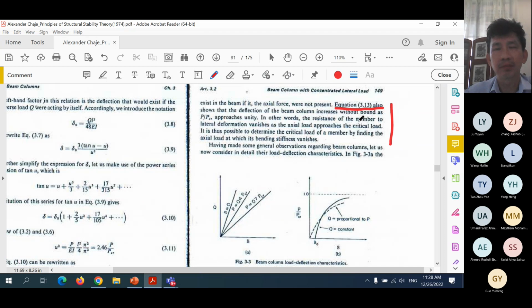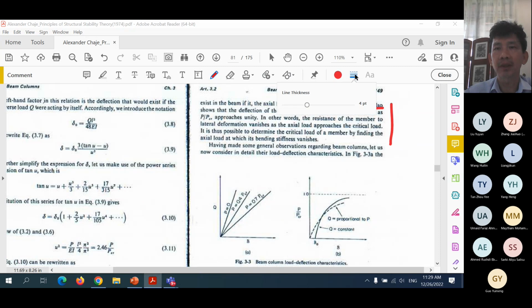Without bound means it becomes infinity, until infinity, as P over P critical approaches unity, approaches 1. In other words, the resistance of the member to lateral deformations caused by Q vanishes, becomes 0. Vanishes means becomes 0 as the axial load approaches the critical load.